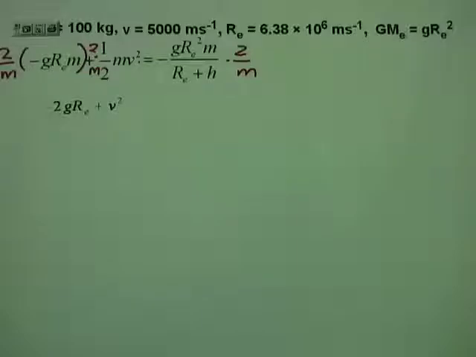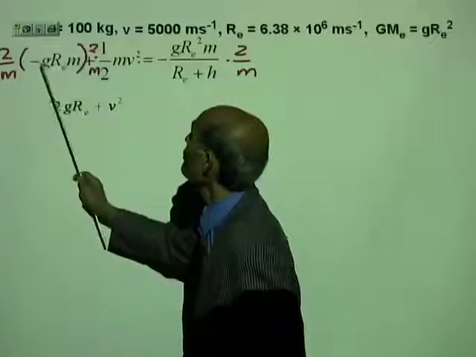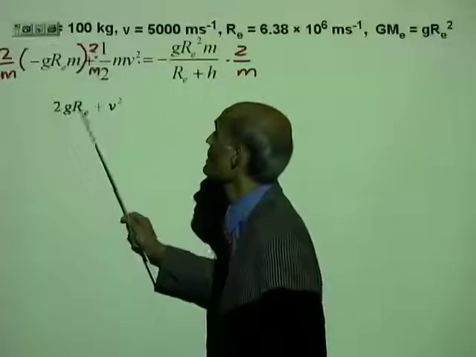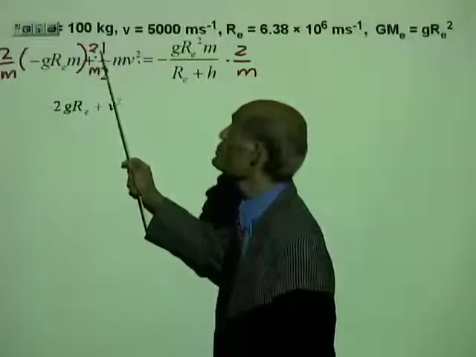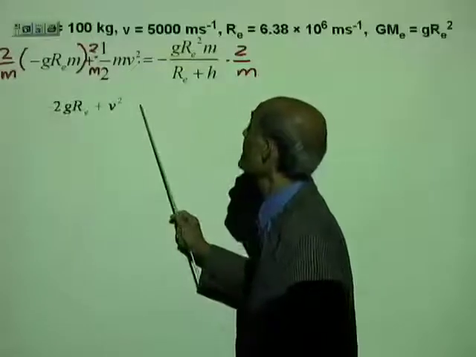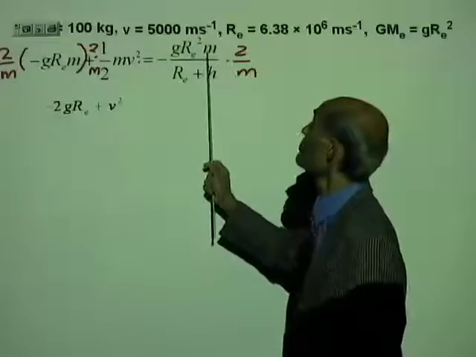Now, this is what gives you m and m cancels. This is now negative 2 GRE. And in here, m and m cancels, 2 and 2 cancels, leaving a v squared, equal to what is now here. M and m will cancel.